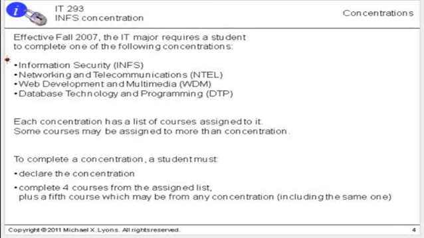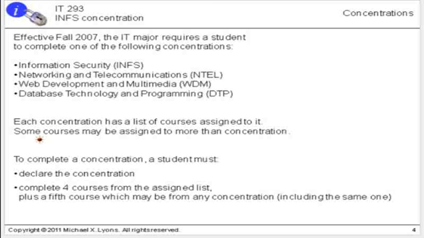For each concentration, there is a list of courses that fulfill that concentration. And there are some courses that span 2 or perhaps even more than 2 concentrations. So a particular course might apply, for example, to both the information security concentration and the networking and telecommunications concentration. That applies to some courses, but those are the minority.